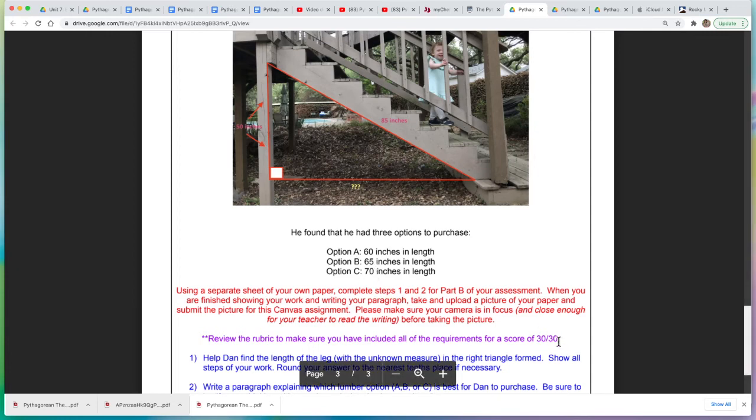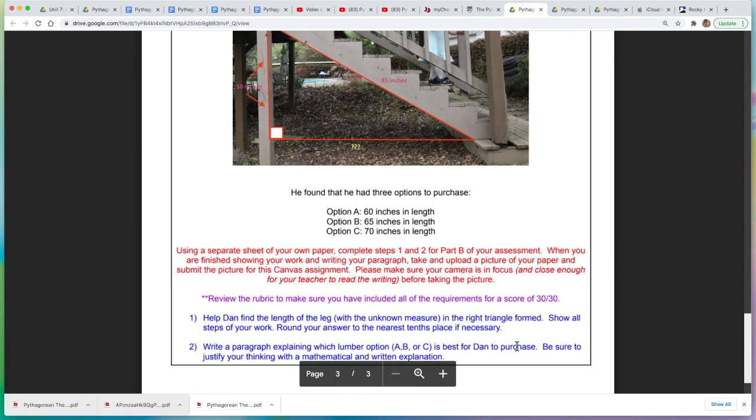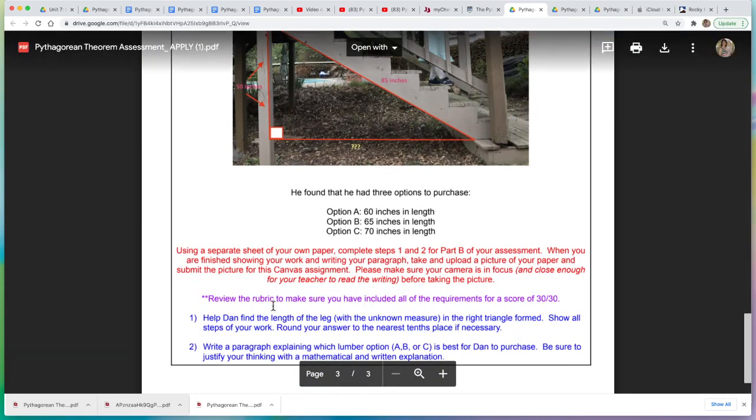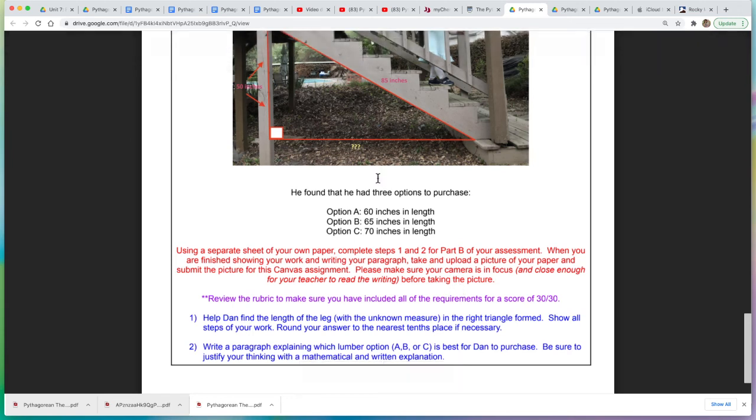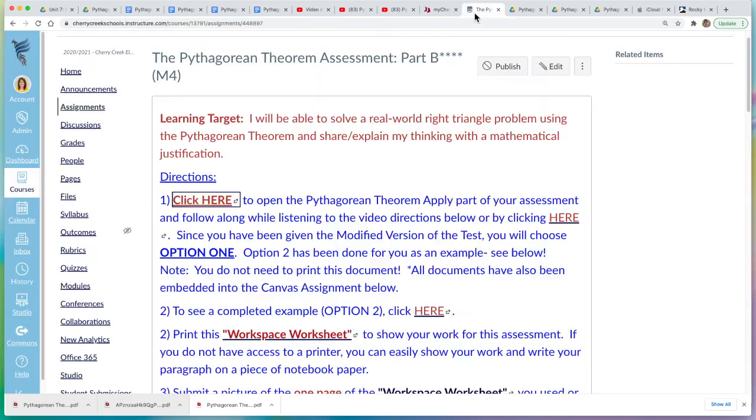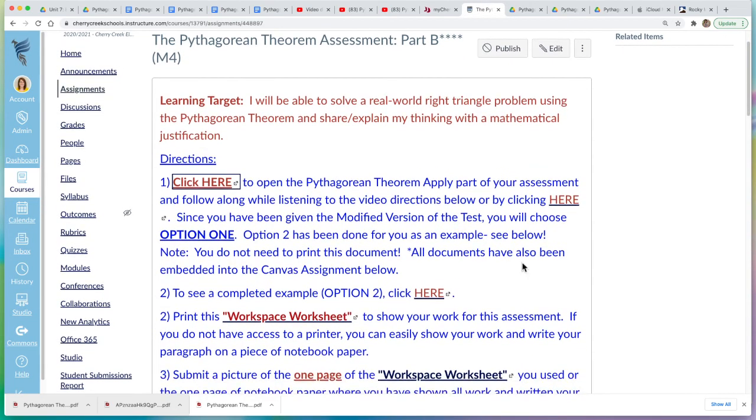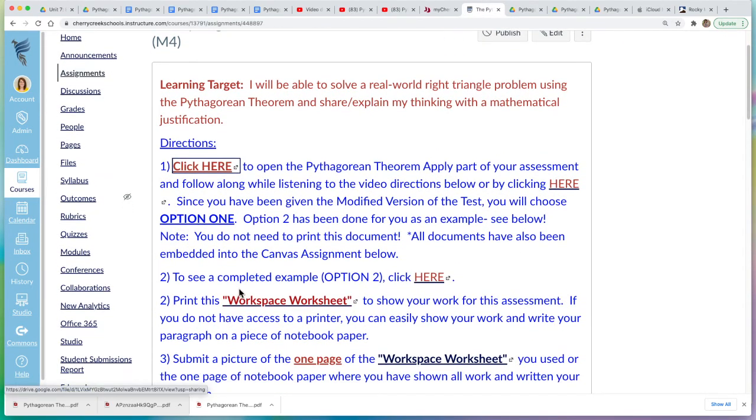So the directions are exactly the same for option 2, except that in option 2, notice that Dan is actually finding an unknown leg instead of a hypotenuse of the right triangle like he is in option 1.